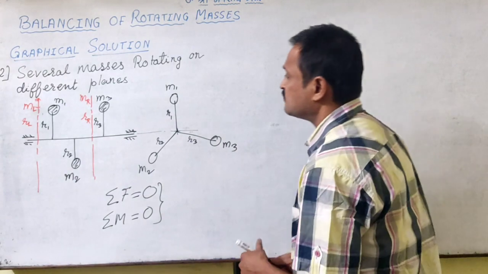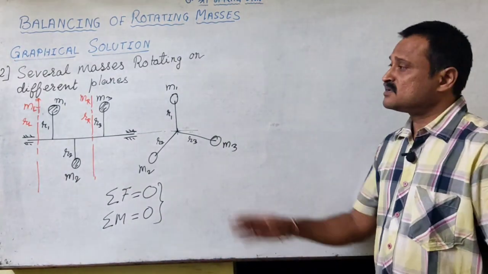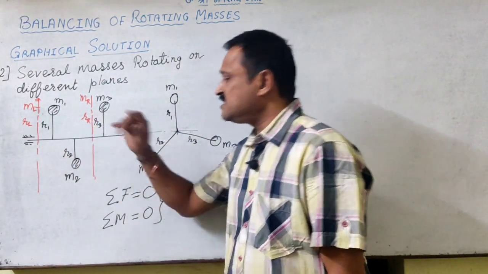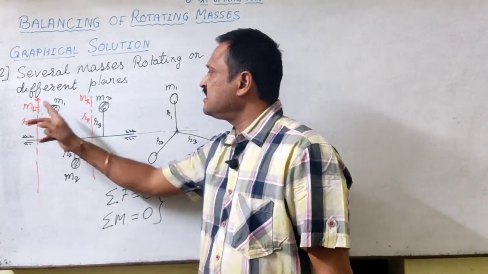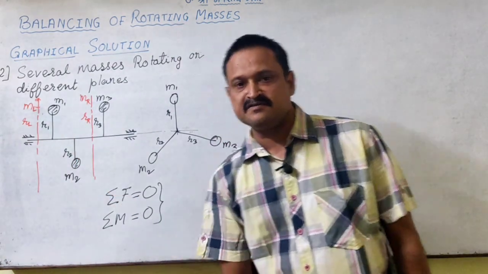Now here if we are going to see in now our system, apart from these three masses we have to place two more masses, that is ML and MR at their respective radii.